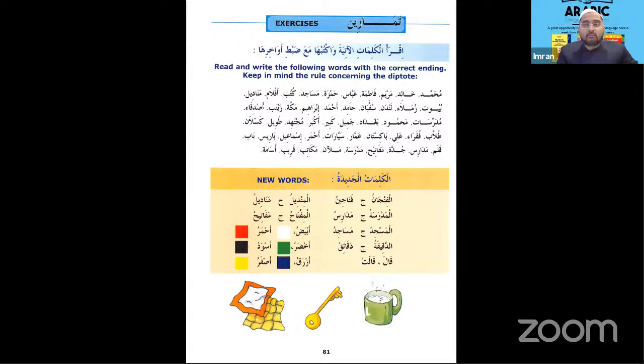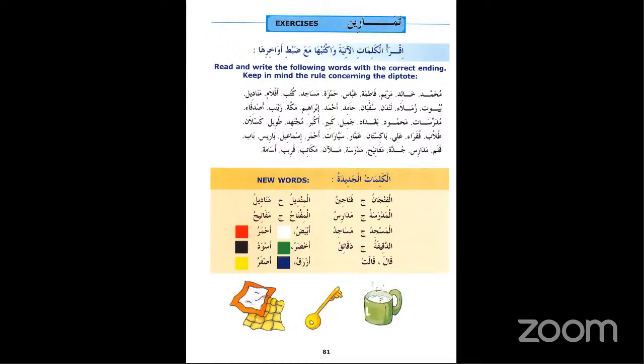For example, fil masjidi, the dal is getting a kasra, or fi baytin, in a house. So this is the genitive case. Is this clear so far? Yes, sir.